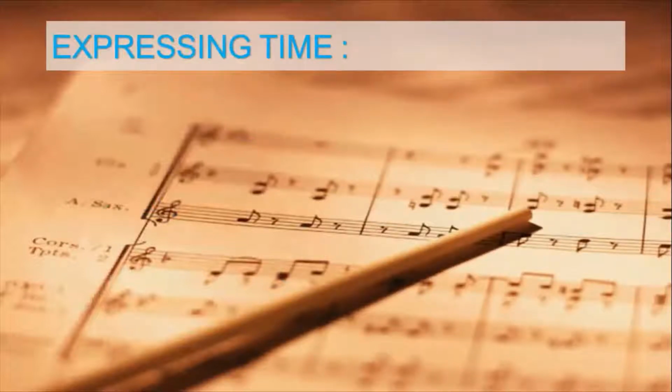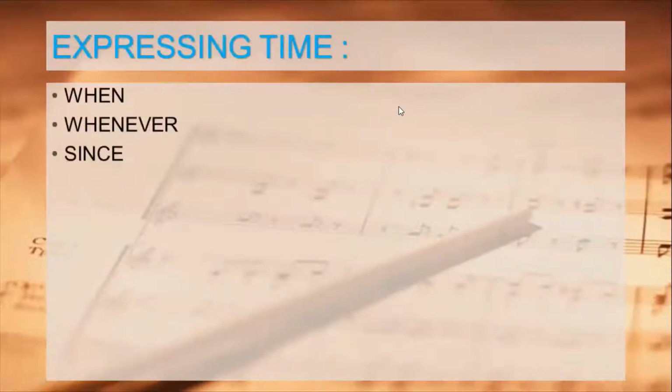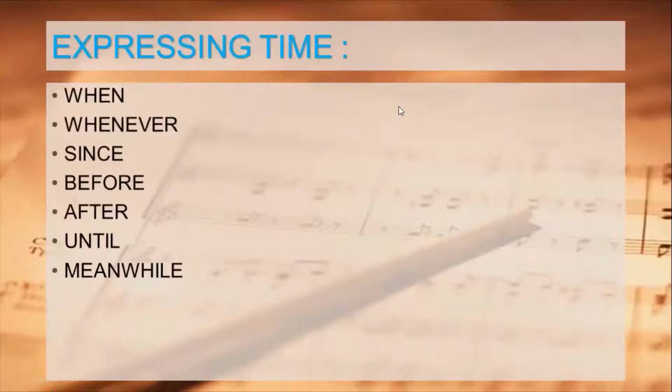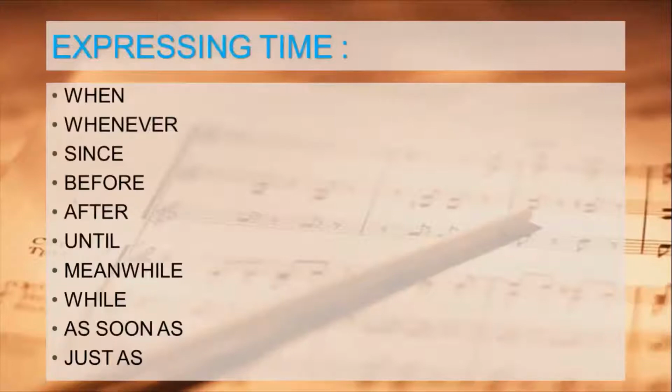If you want to express time, you can use when, whenever, since, before, after, until, meanwhile, while, as soon as, just as. These are different kinds of words which show time.